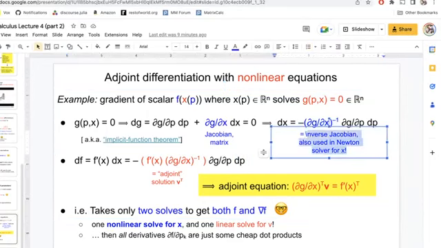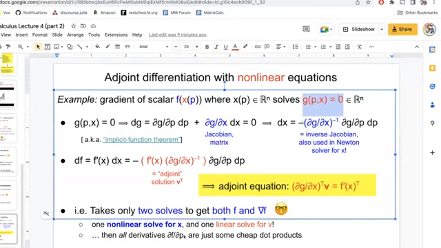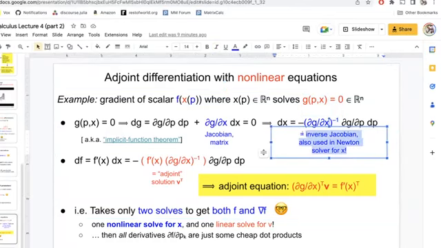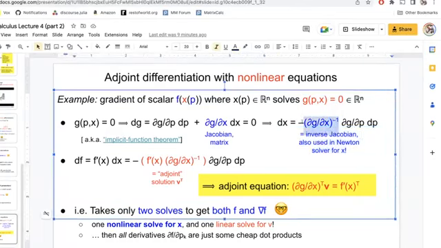Notice that this Jacobian matrix is exactly the same Jacobian matrix you would use in the Newton solver for x. If you're solving nonlinear equations, you already have this Jacobian, and you're already solving systems with it. You're inverting this Jacobian, or solving systems of equations. And so again, you do the same trick. The whole trick to compute df is to multiply this left to right. This is a row vector, this is an inverse Jacobian.